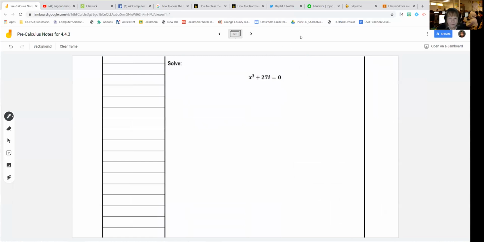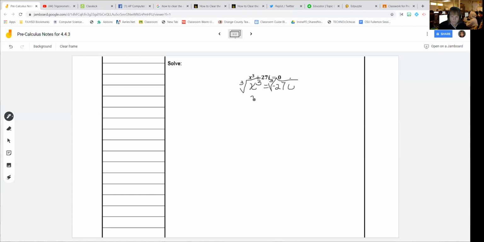So, next problem. We're going to actually find the solution to this equation. So, what we have to do first is solve for x. So, x cubed equals negative 27i. And then we take the cube root of both sides.